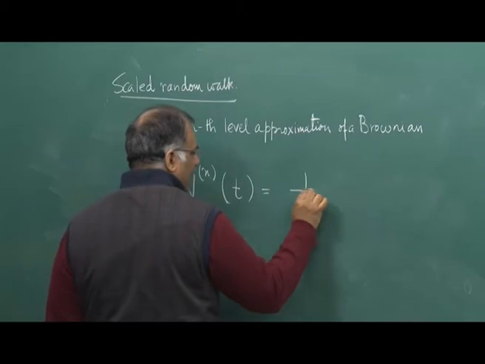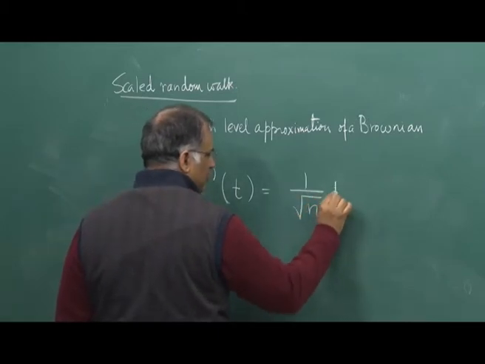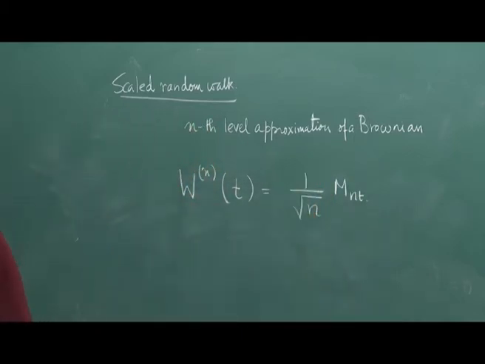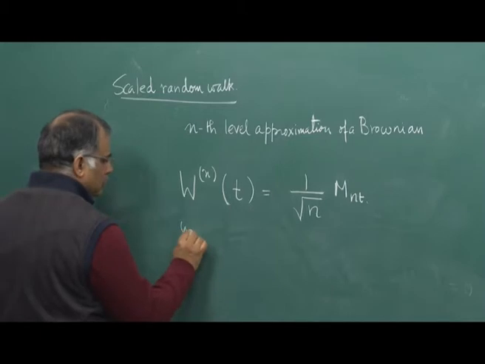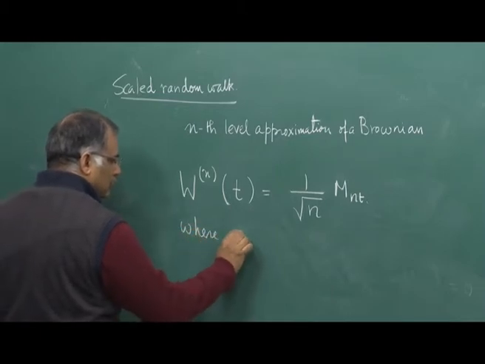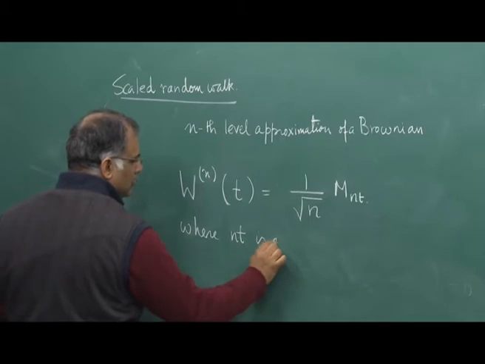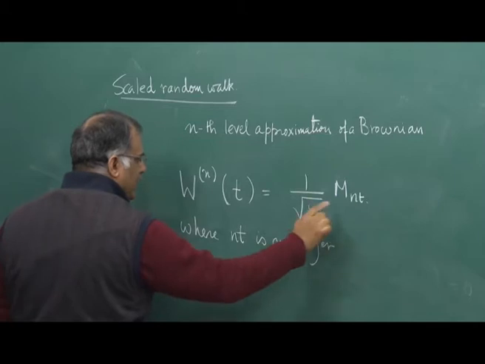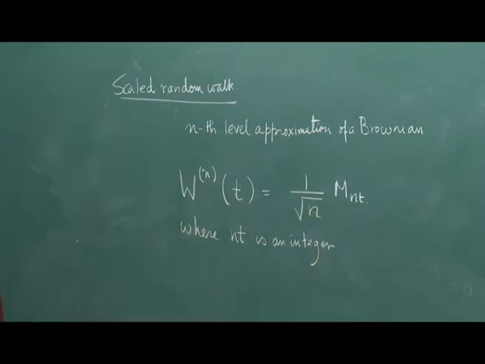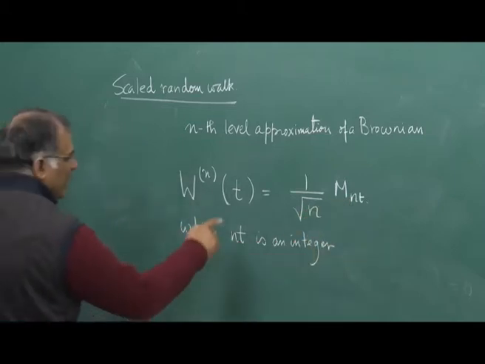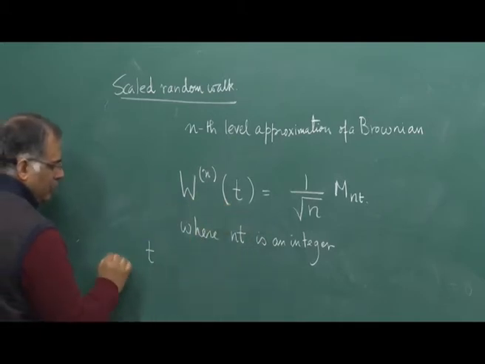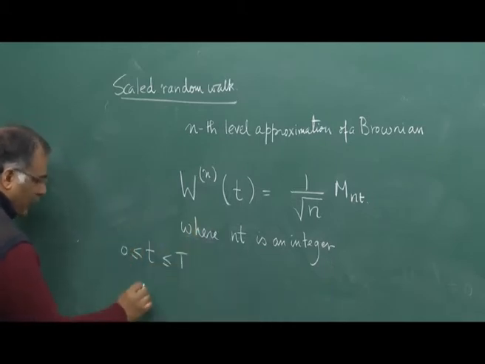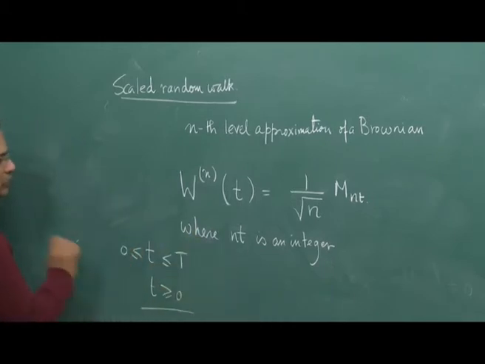I define it like this. You see, if nt is not an integer, I cannot define this. Here t starts from 0 and goes up to some T, or even to infinity, so basically t is greater than or equal to 0.